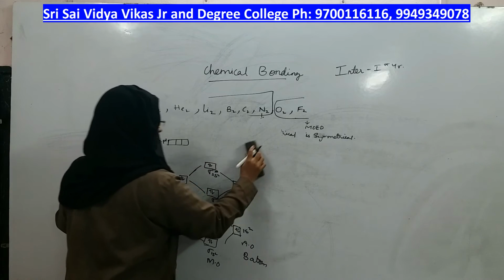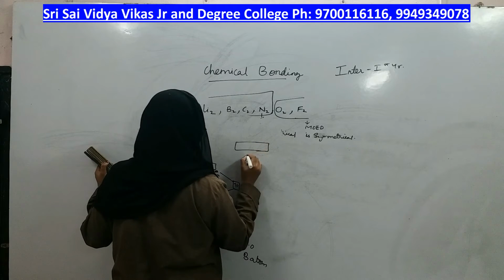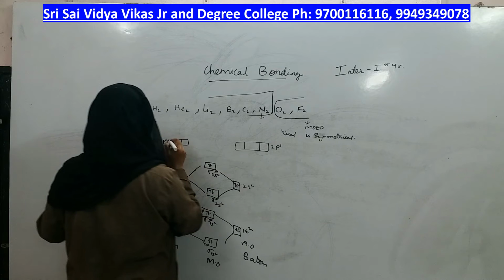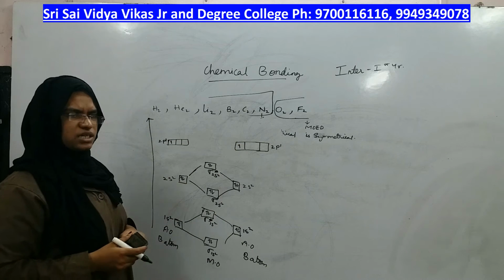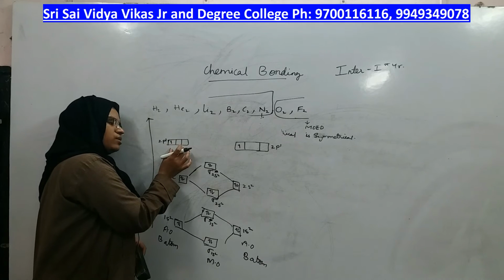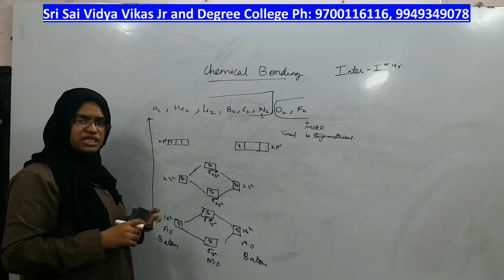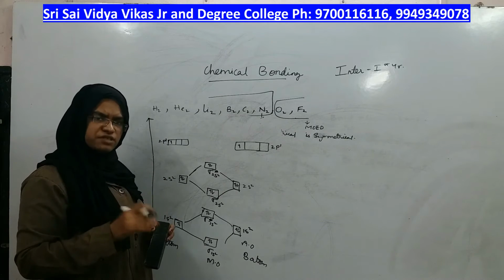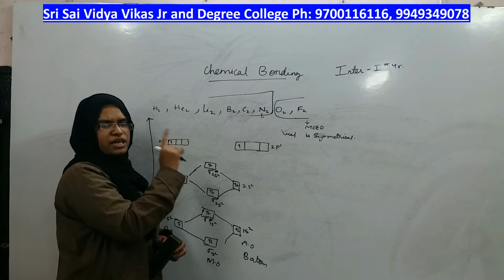Let us make the diagram look neat. In this, the 3 atomic orbitals of p and 3 atomic orbitals of p, total how many? 6 atomic orbitals will combine to give 6 molecular orbitals, whether the electrons are there or not, but they combine, right?